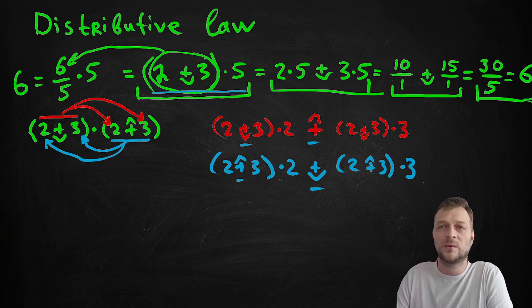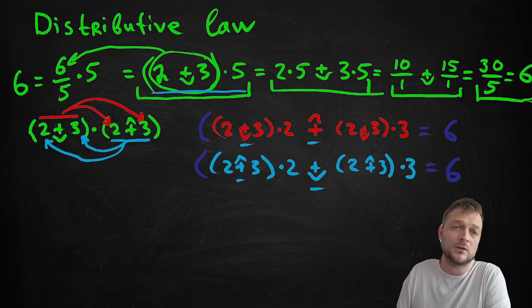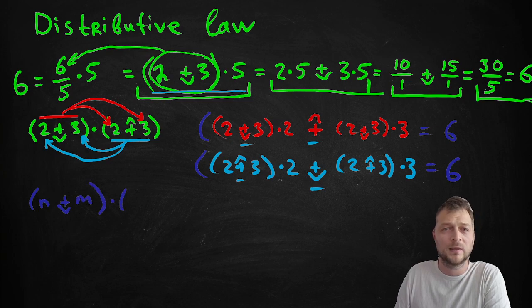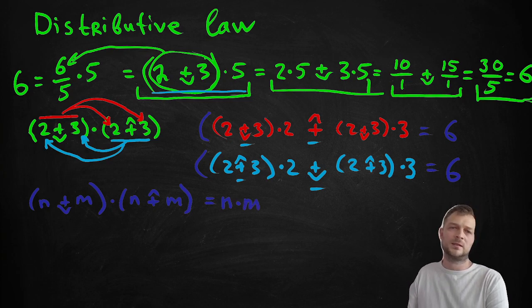If we open these parentheses now, because we know the distributive law works for this case and for this case, we will notice that this one equals 6, and this one also equals 6. One thing to notice is that it is generally the case that n plus m multiplied by n plus m will always equal n multiplied by m. That's the way we open parentheses.